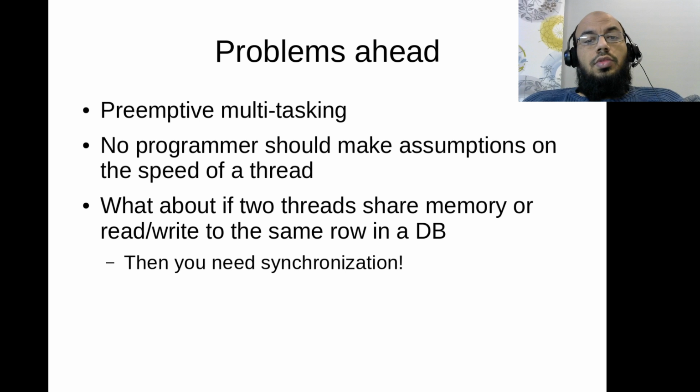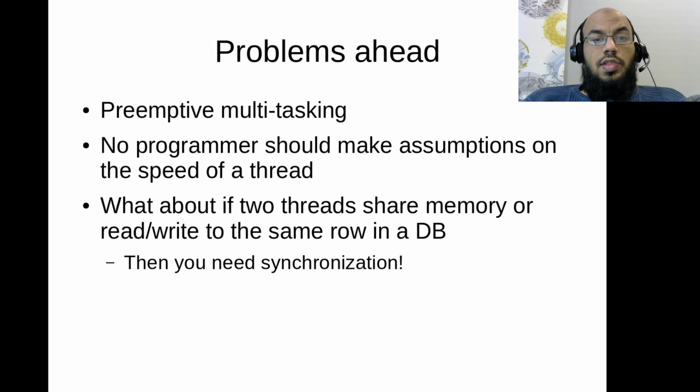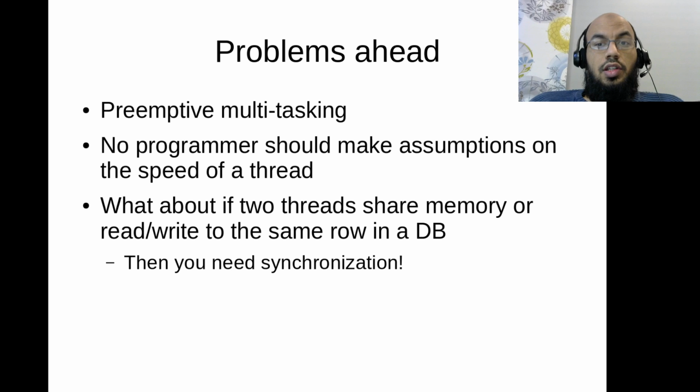So let's talk a bit more about the problems that you may foresee in the threaded programming model. You have to have preemptive multitasking. You need to be able to preemptively remove some threads from using the resources because they have been running for too long, or because they're blocked for some reason, or even because they are doing things that they are not supposed to do. And you might need to do that while having 4 cores with all 4 of them running 4 different threads.